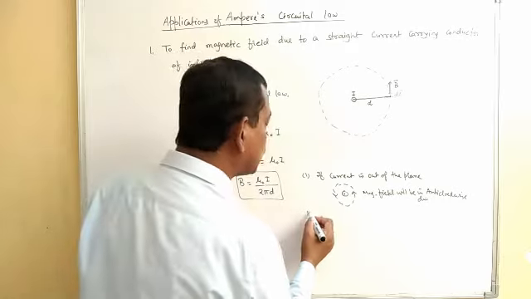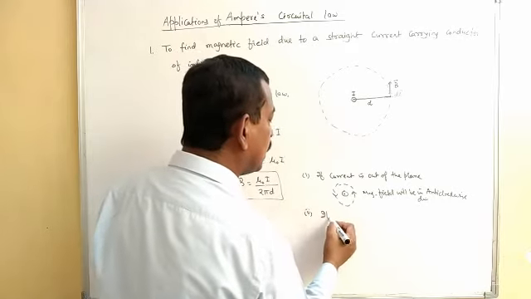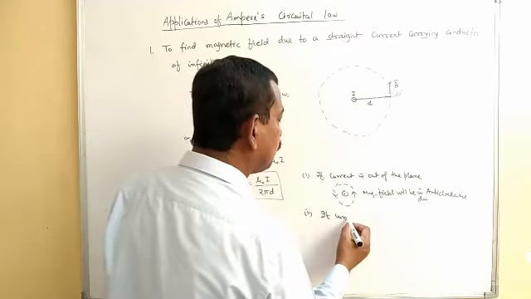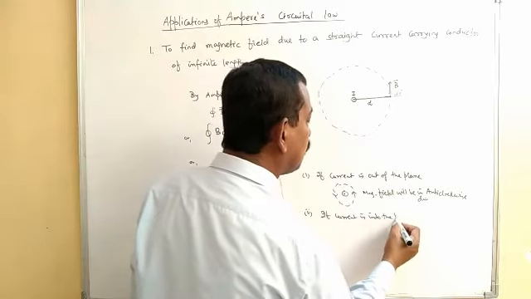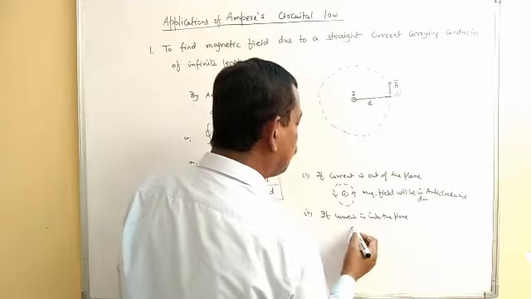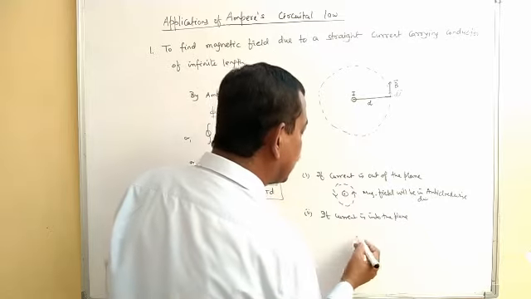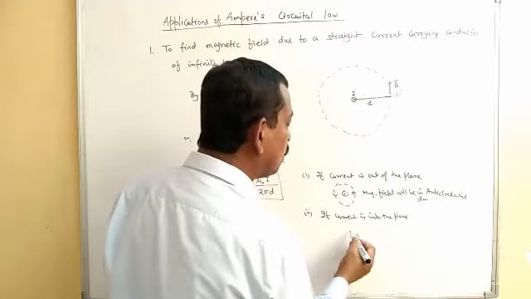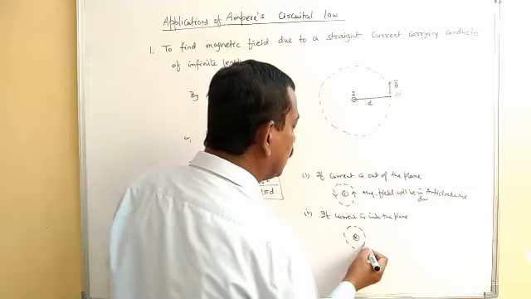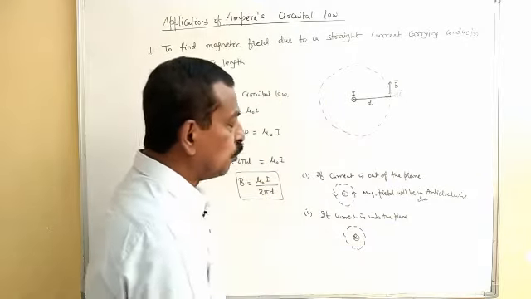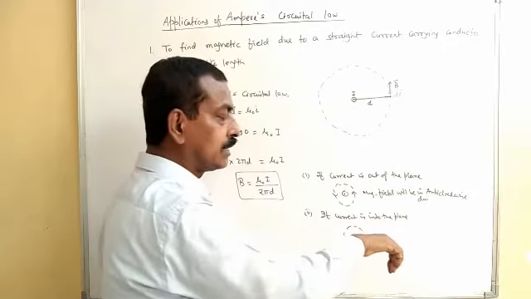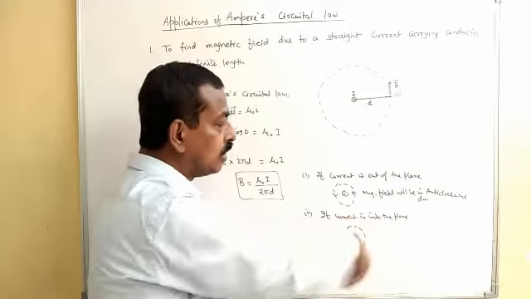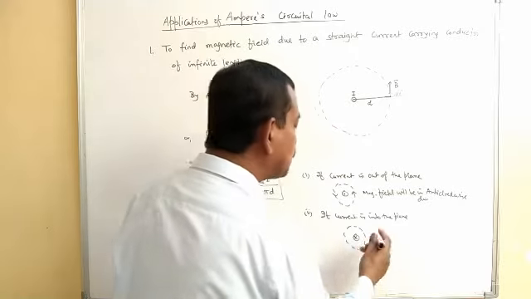But if you consider the second case, if current is into the plane, that means we represent the direction of current as into the plane, then the magnetic field, this time we'll keep our hand like this so that the thumb is indicating direction into the plane and the curled fingers now are in the clockwise direction.